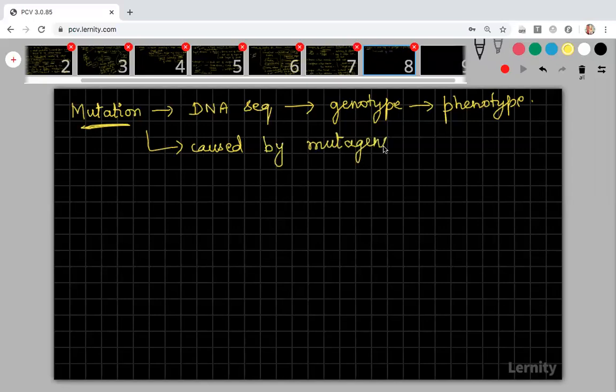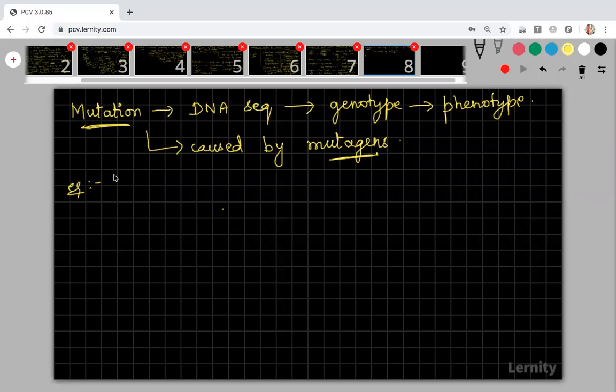I gave you examples also of the mutagens commonly used to cause mutations in plants. Some physical mutagens are gamma radiations, ionizing radiations, and shortwave electromagnetic radiation. And then chemical mutagens, I listed some important chemicals used for causing mutation in many plants.